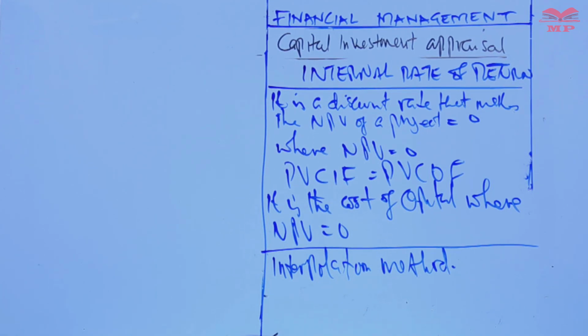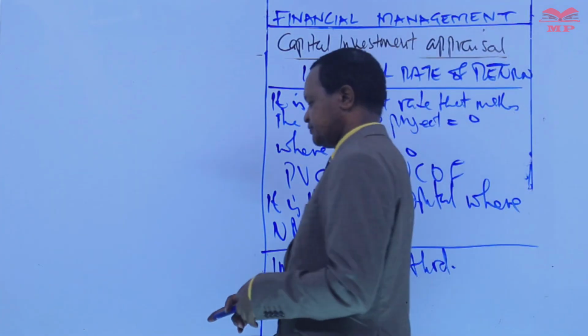Given that we are using the interpolation method, the IRR produced is just an estimate, and it may not be arithmetically exact.